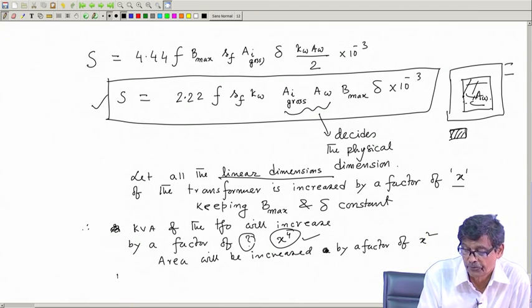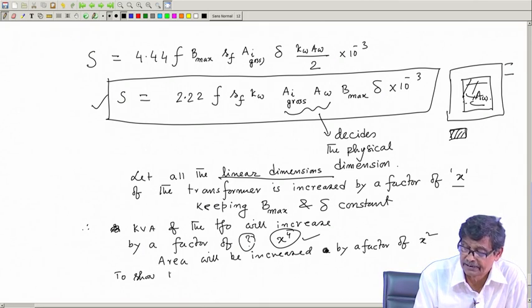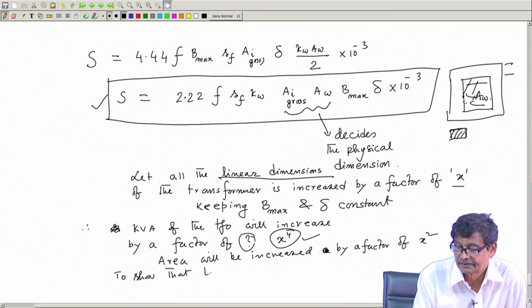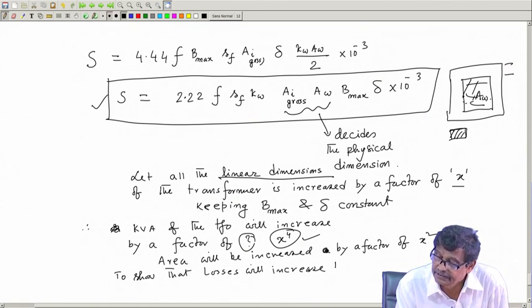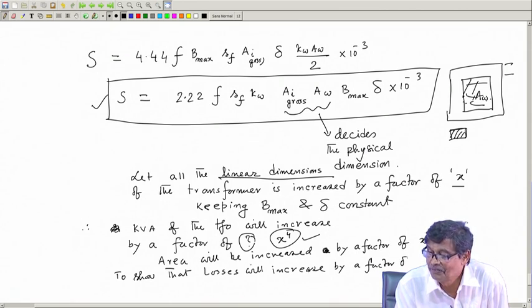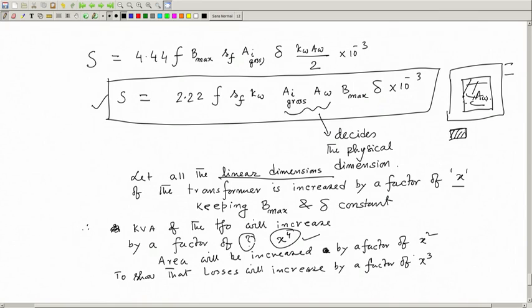That I will show. And you can also think yourself to show that losses will increase by a factor of x cube. So, this information is essential to draw conclusions about whether extra cooling arrangement is to be done or not. So, we will continue next class. Thank you.